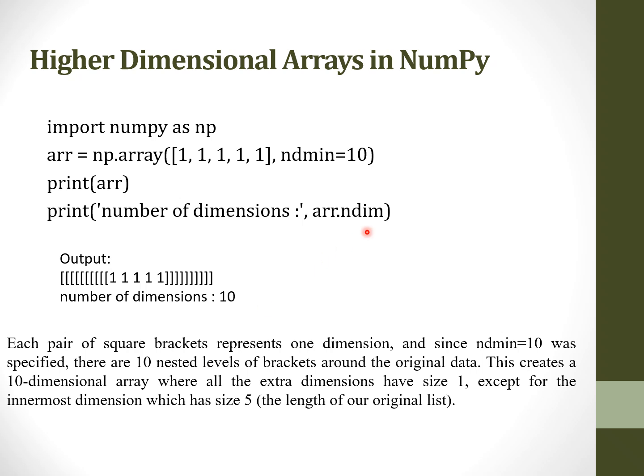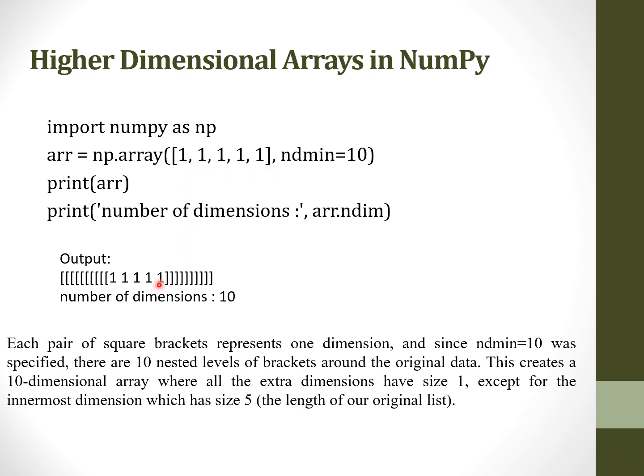Now, dealing with higher dimensional arrays. Using NumPy, we can also create higher dimensional arrays. How do we exactly do so? You can give the keyword ndmin. The dimension we are setting here is 10, which means these elements are placed in a 10 dimensional array.